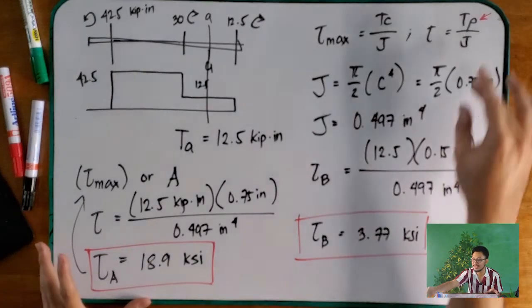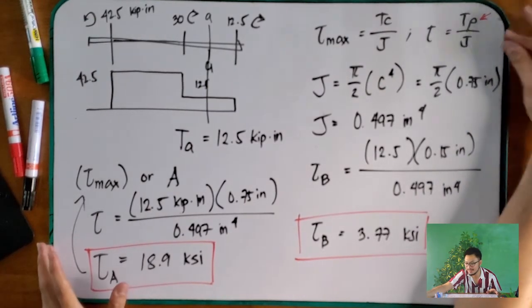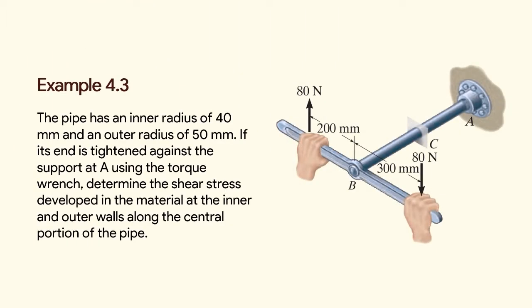I hope you understood this concept on how to apply this equation, because this is very important as we proceed to the next topics. Okay. For our last example, we have this pipe that is subjected to torque.